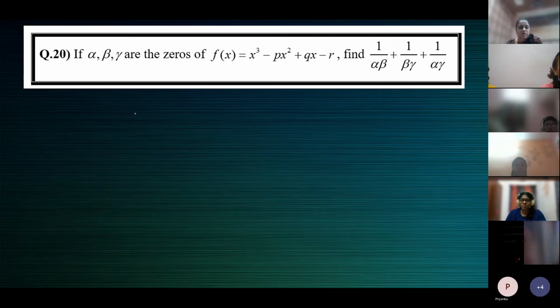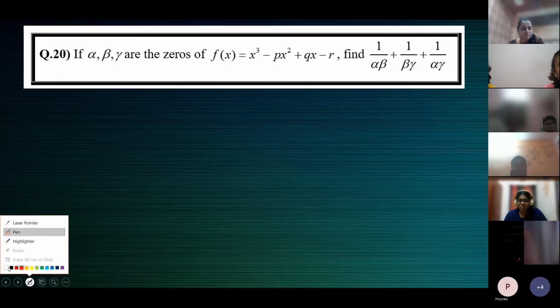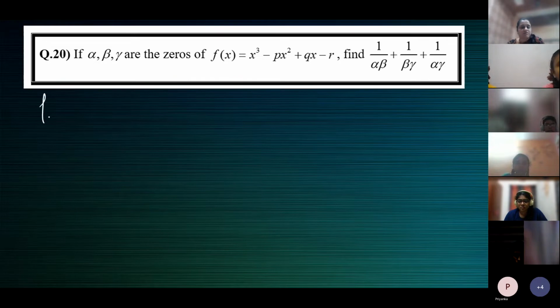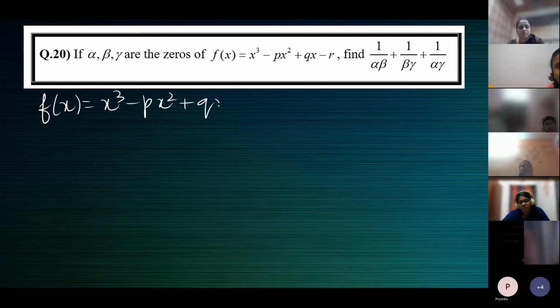Yeah, this again is important. Who can tell me the LCM? Okay, before that, f of x is equal to x cubed minus px squared plus qx minus r. So we'll have to compare this with ax cubed plus bx squared plus cx plus d.